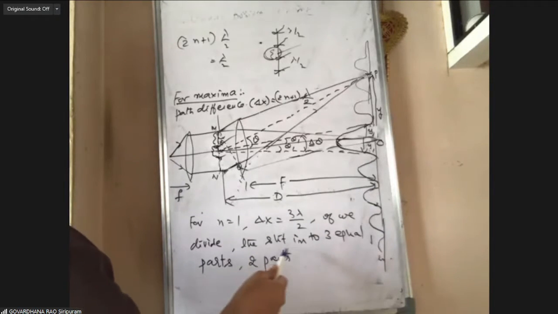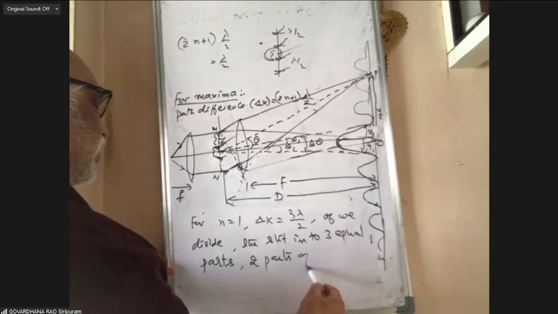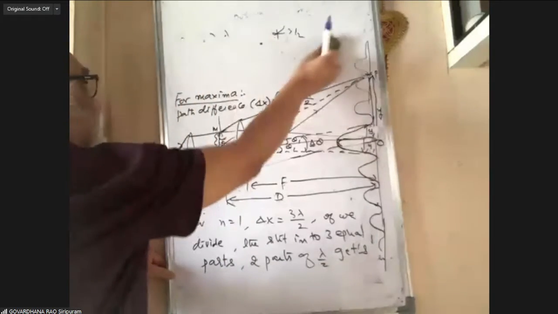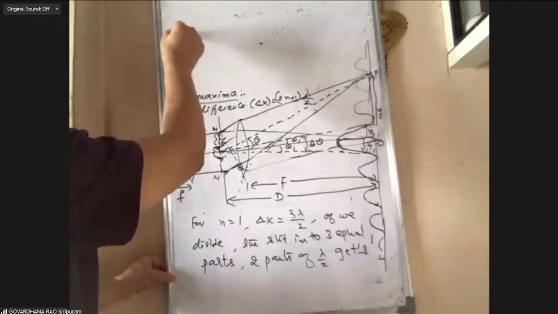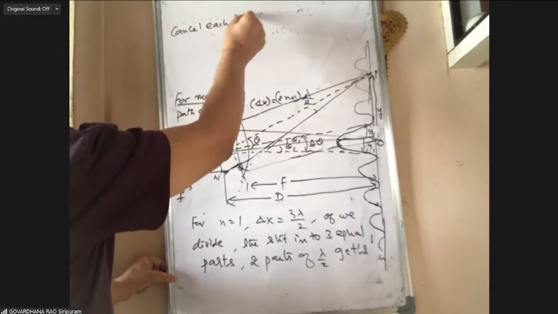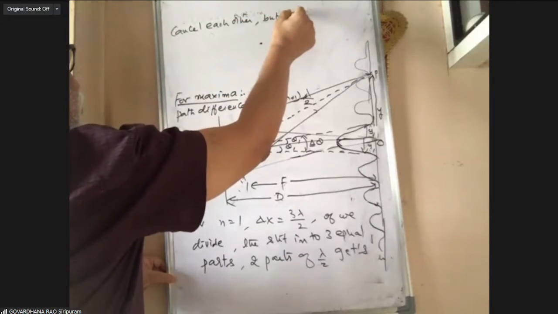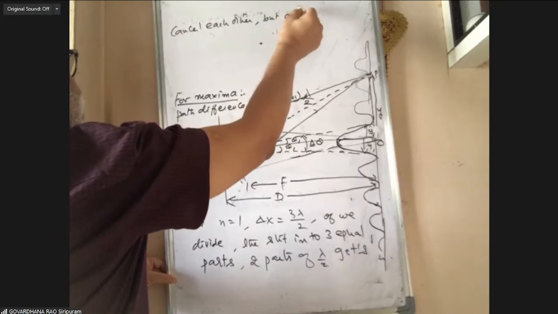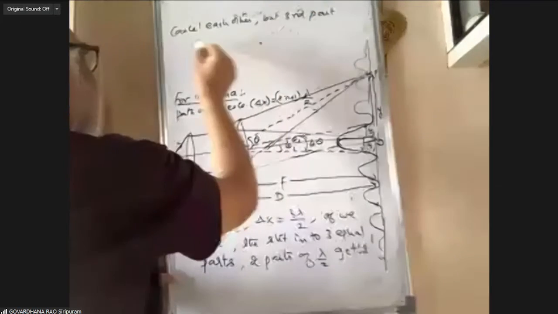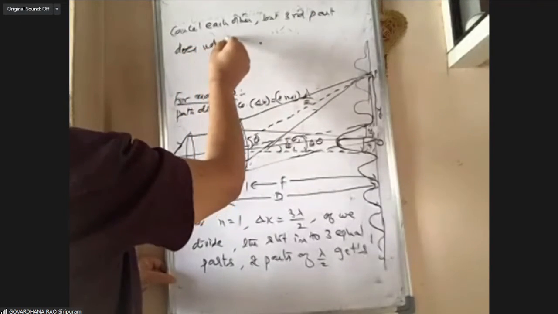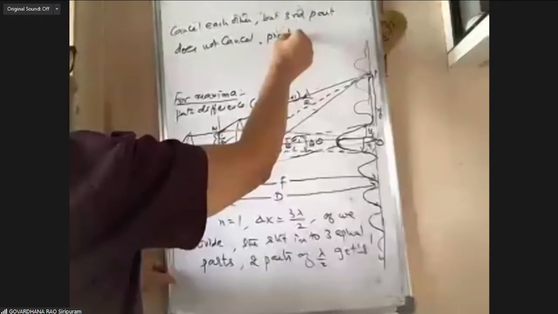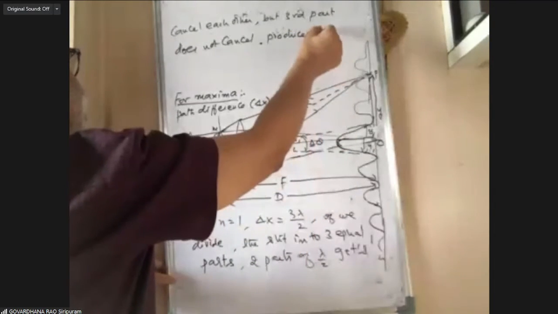So if you divide the slit into 3 equal parts, 2 parts of lambda by 2 cancel each other, but the third part does not cancel, and produces what?